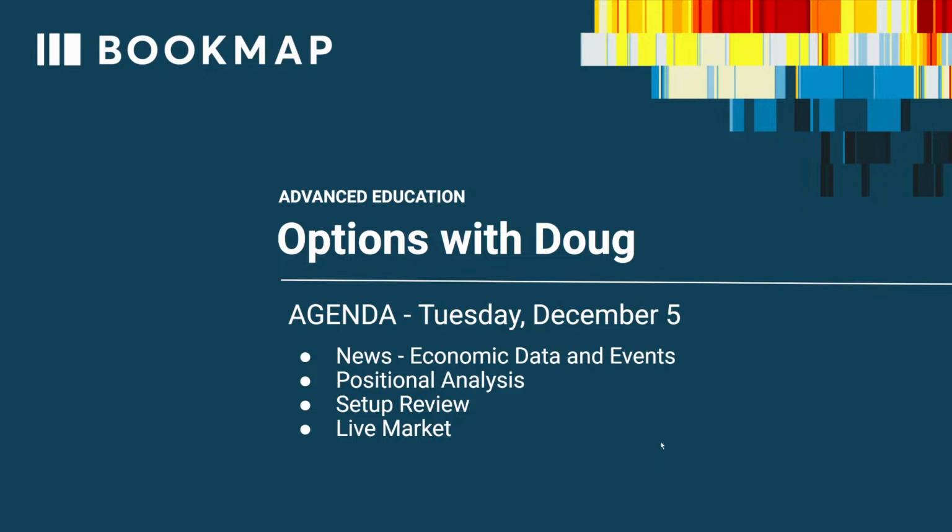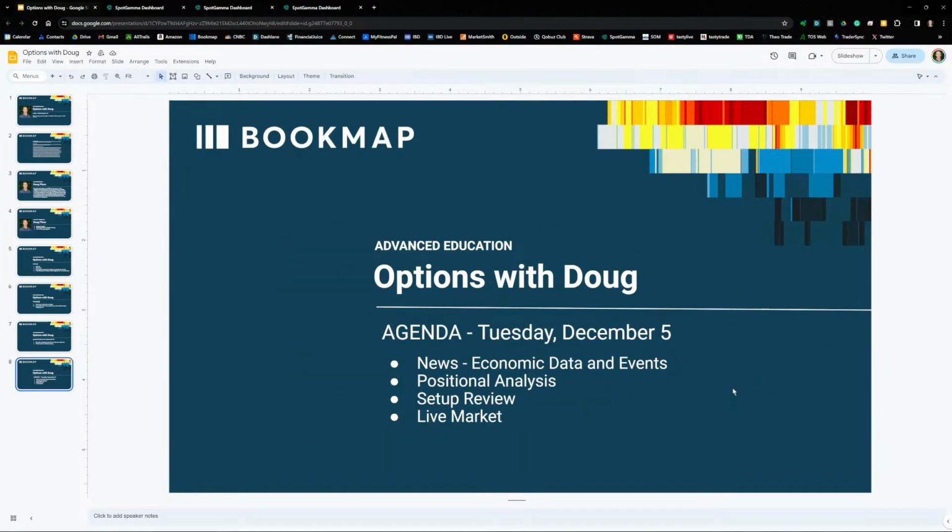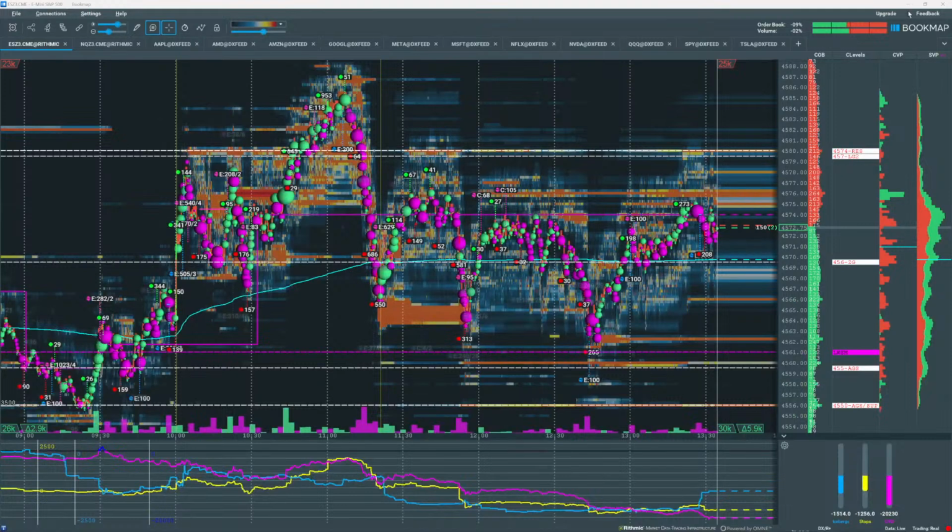News items. There were a couple of lower or medium impact data releases today. First of all, there was some PMI data out. Let's go to the S&P 500.